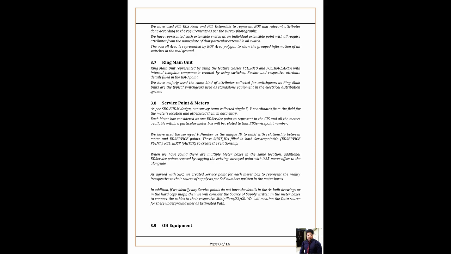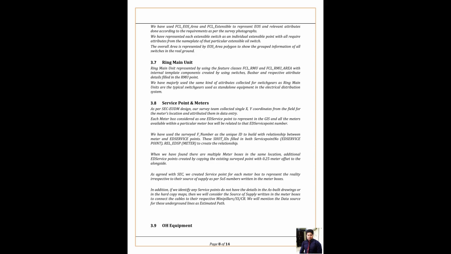When we have found there are multiple meter boxes in the same location, additional ED service points are created by copying the existing surveyed point with a 0.25 meter offset alongside. As agreed with SEC, we created a service point for each meter box to represent the reality, irrespective of their source of supply as per the SOS numbers written on the meter boxes.